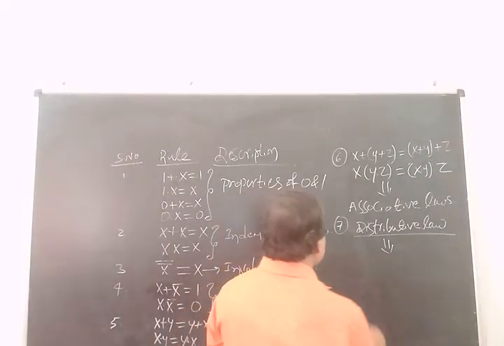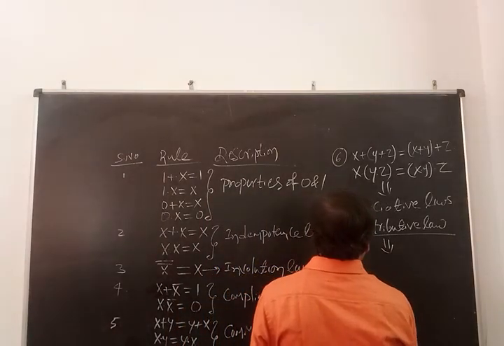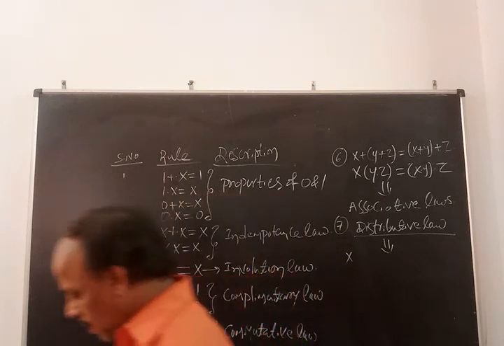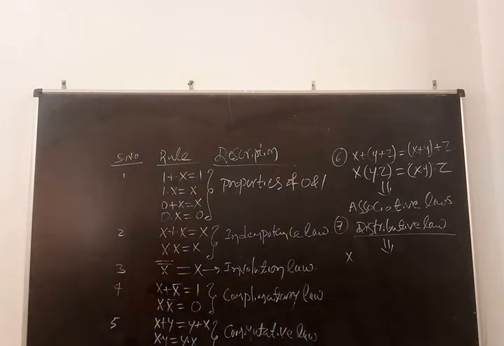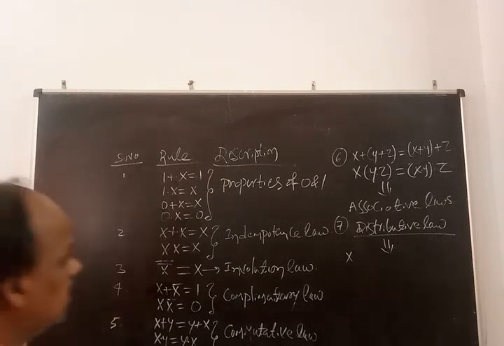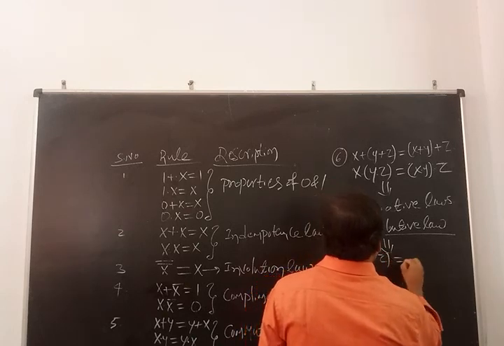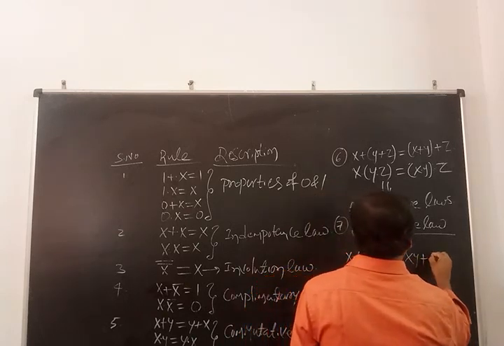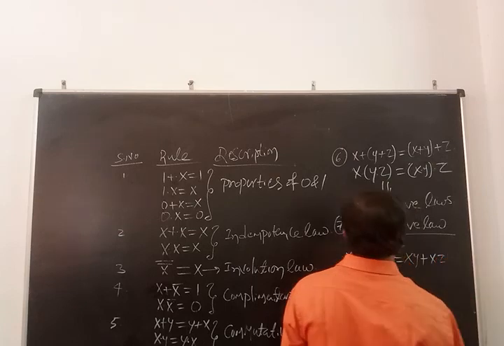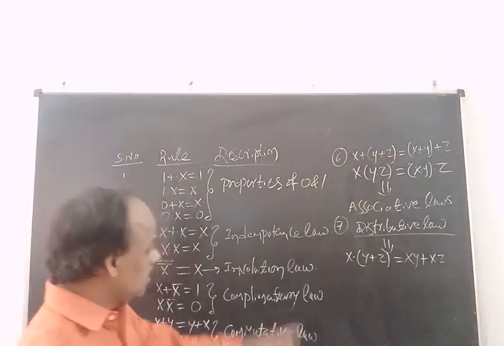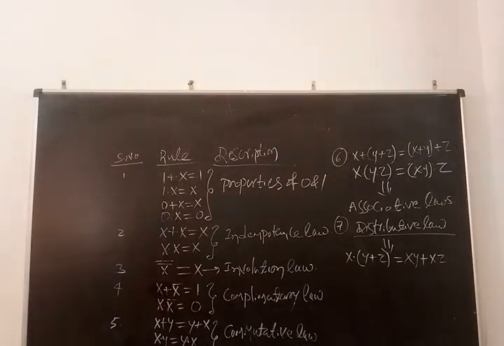Seventh one is distributive law. This distributive law states that x into bracket of y plus z can be written as x into y plus x into z.